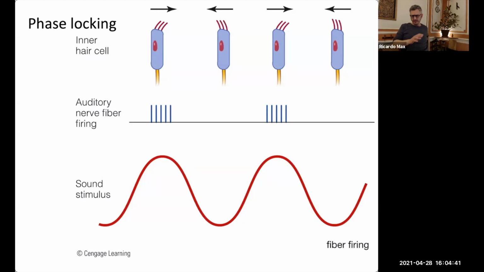But at least for low and up to middle range sound frequencies, our hair cells can fire exactly phase-locked with the frequency of the sound. Phase-locked because they are locked to the phase of the sound wave. Okay?